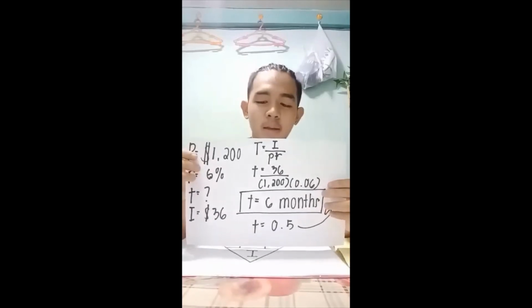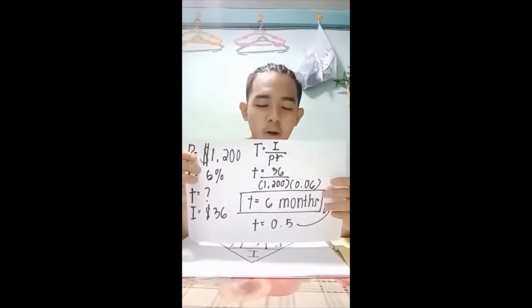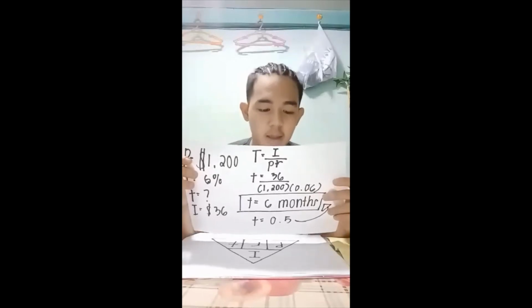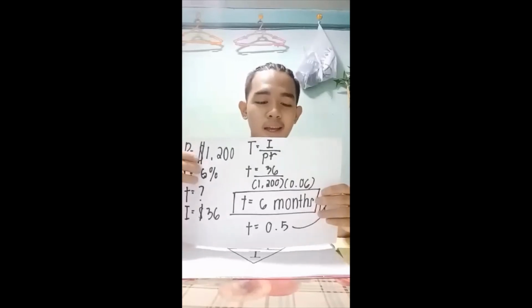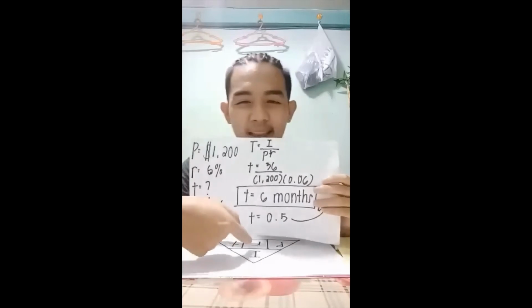Then we get time is equal to 36 over 1,200 times 0.06. Then put this in your scientific calculator. You will get 0.5.